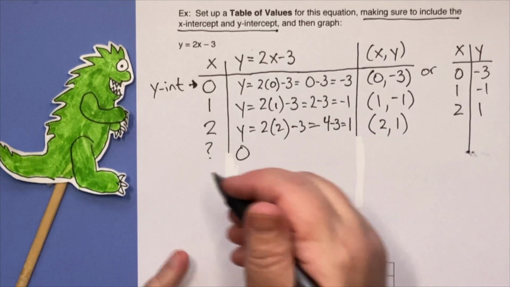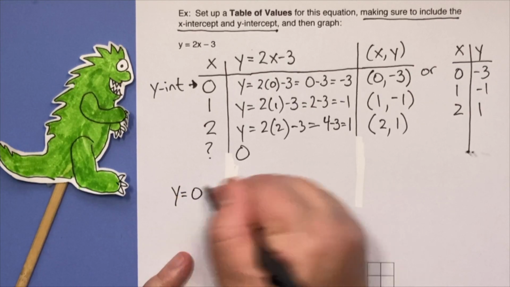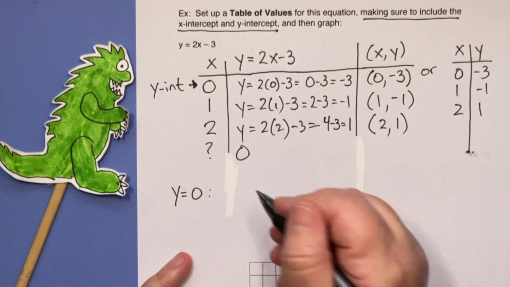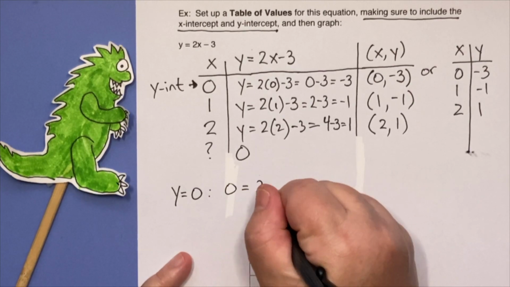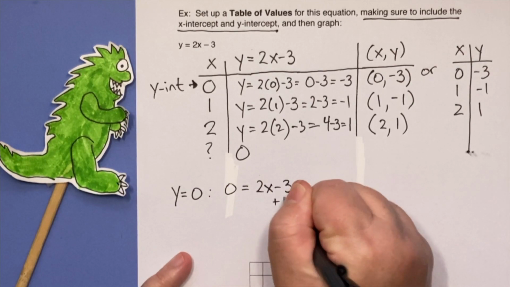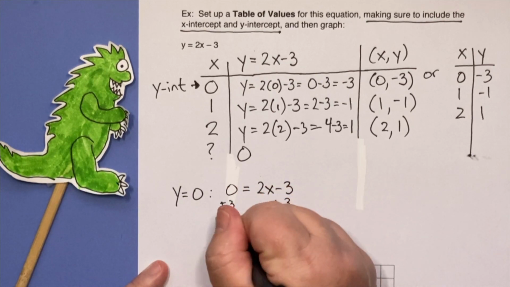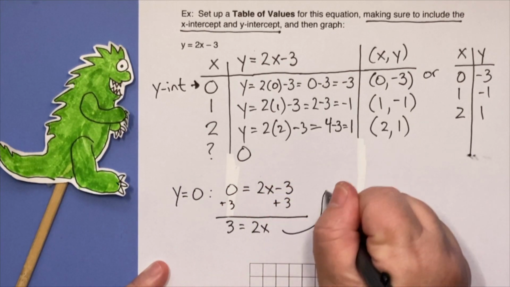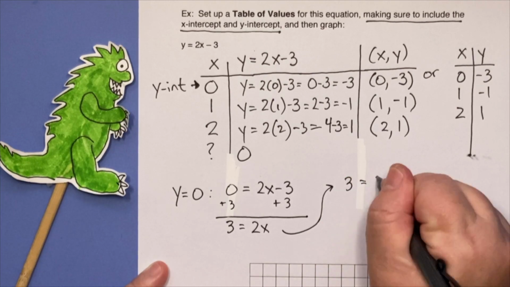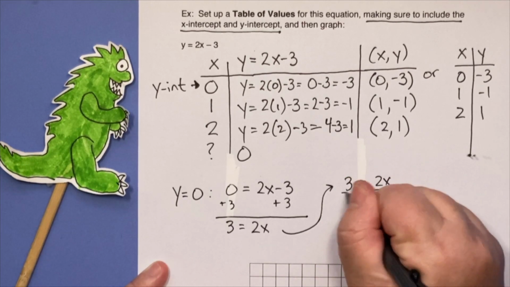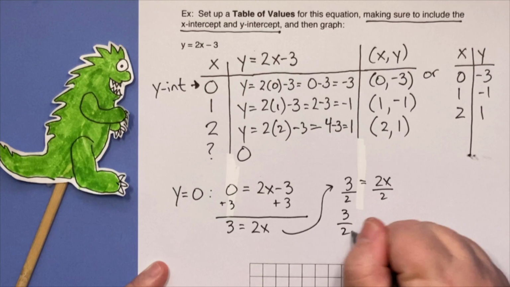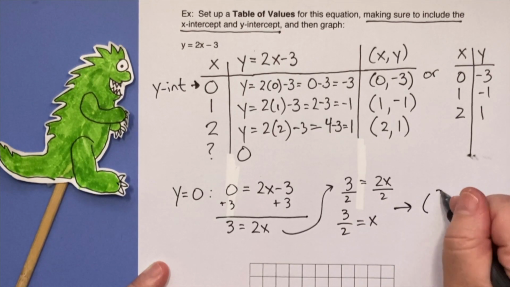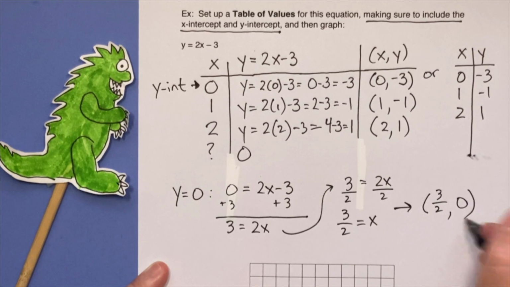So I've got y equals 0. 0 equals 2x minus 3. Add 3 to both sides. 3 equals 2x. I can divide by 2. 3 halves equals x. So I've got the point 3 halves, 0.